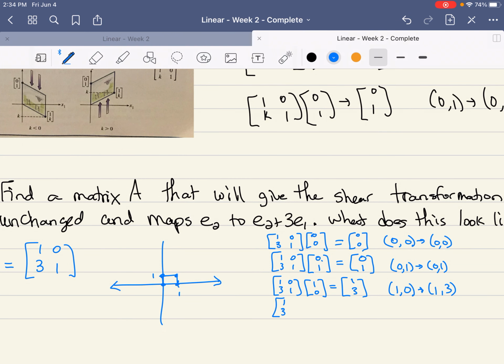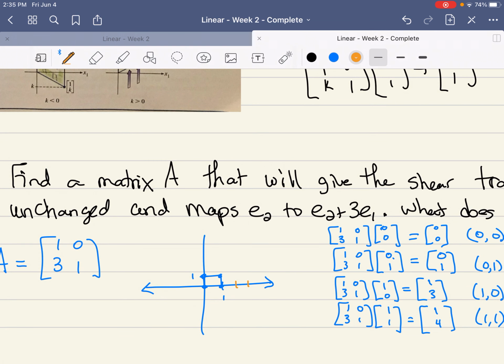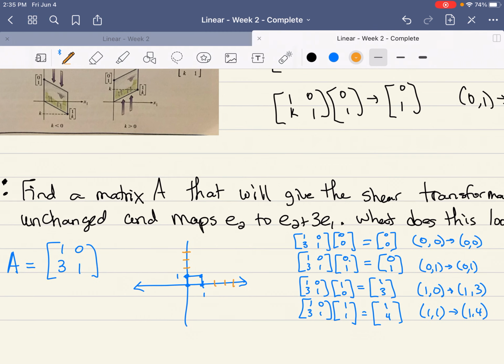And then lastly, I'm going to get 1, and then I'm going to get 3 plus 1 is 4. So if I draw this one out in the orange, what I'm going to get is 0, 0, 0, 1, 1, 3, and 1, 4.